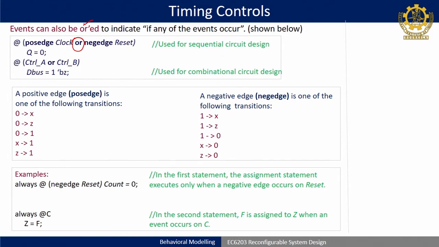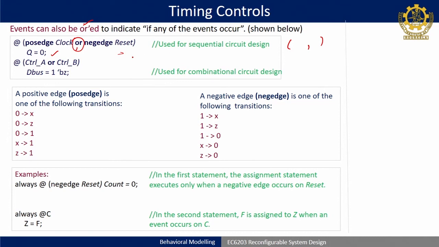If any one is met, at that time q will become 0. In modern days they write it with a comma, like posedge of clock comma negedge of reset. So there are two approaches now. Initially they were writing OR, nowadays instead of OR they write a comma. This comma indicates an OR operation of two operands. So, this is all about your posedge of clock and negedge of clock.